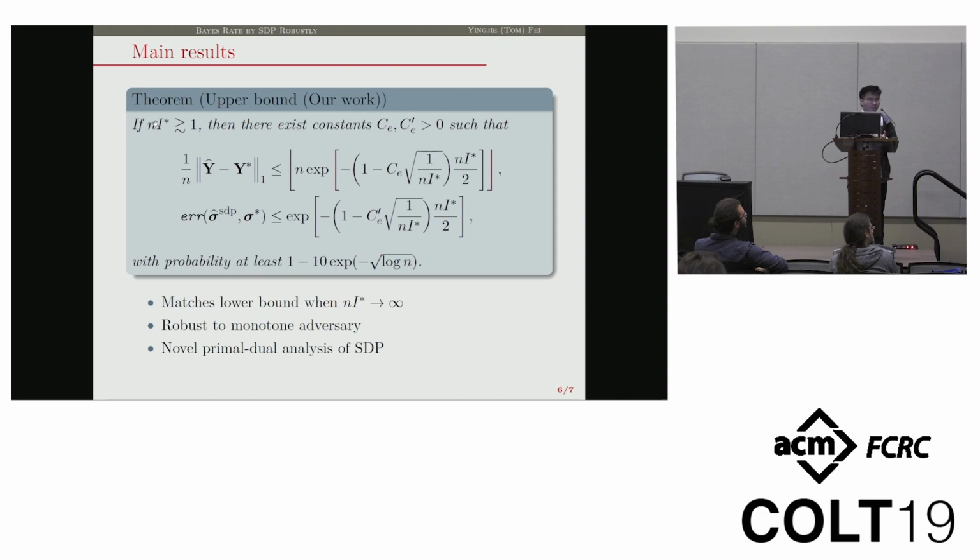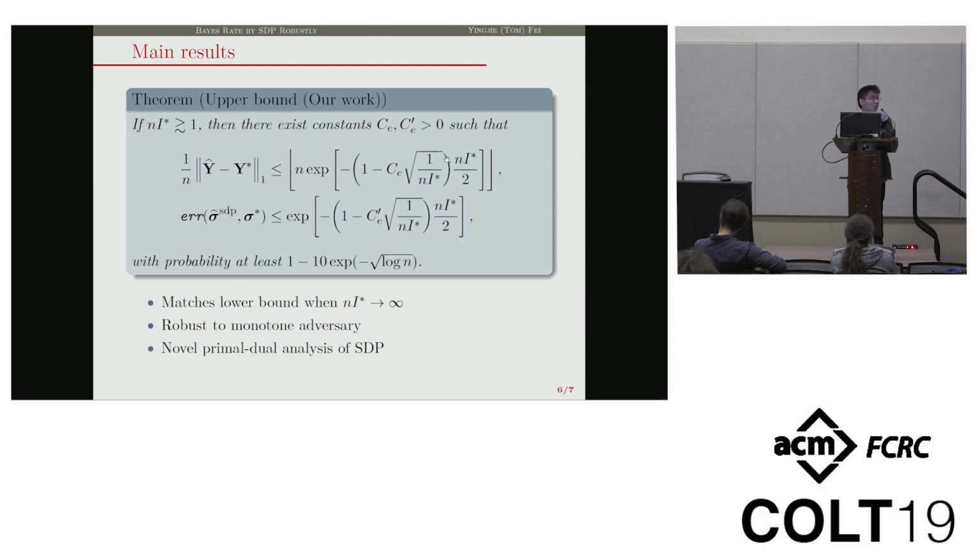If n times I star is greater than some universal constant, then there are two universal constants such that we achieve the lower bound, both in terms of the matrix version, the entry-wise one norm of Y hat minus Y star, meaning the sum of the absolute values of all the entries of this difference.